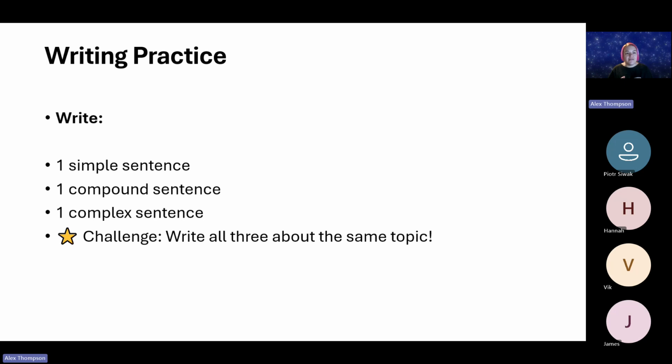And then the last one, write a complex sentence. That's the one that you'll be tested on in your exam. What they want you to do, and I will show you the mark scheme as always, it's not a huge amount of information they put on there. What they want to see is that you are able to write complex sentences.